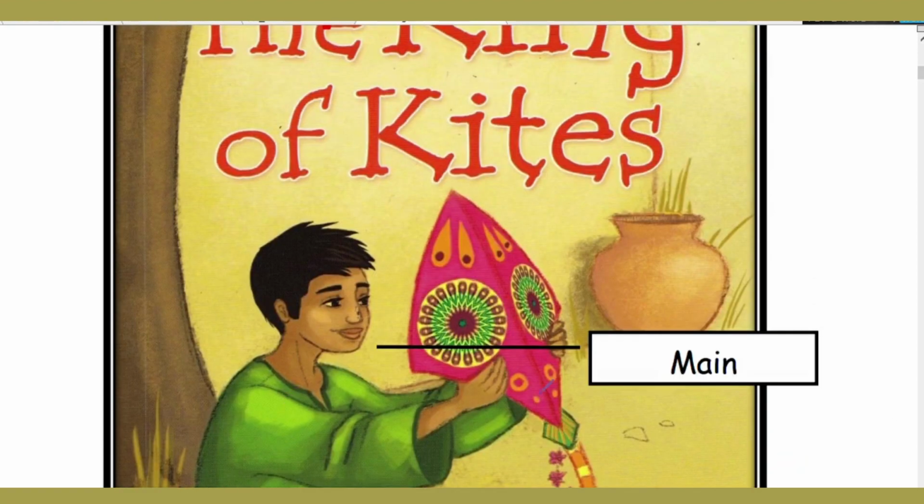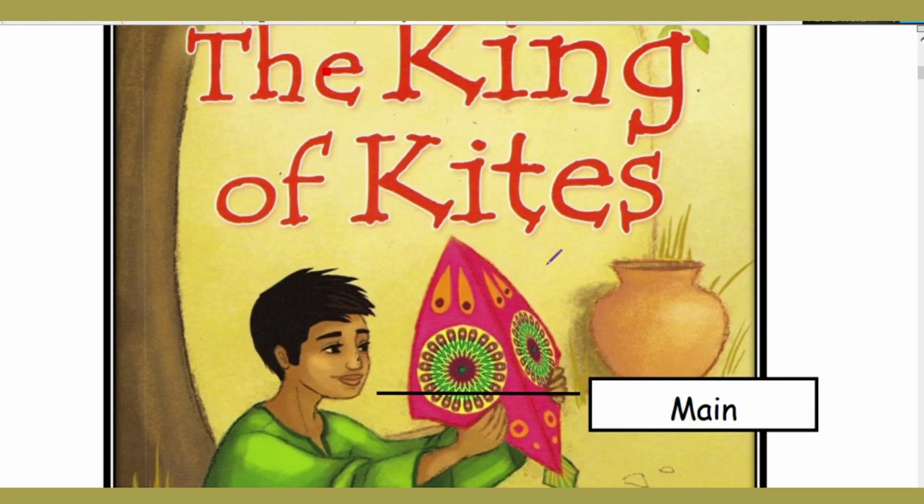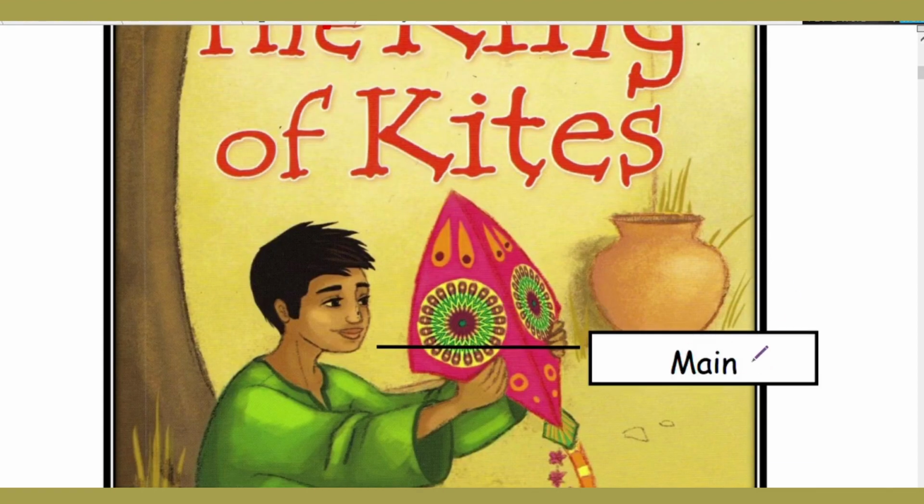Okay, this boy is the main character in this short story, main utama, and he's holding a kite in his hand.